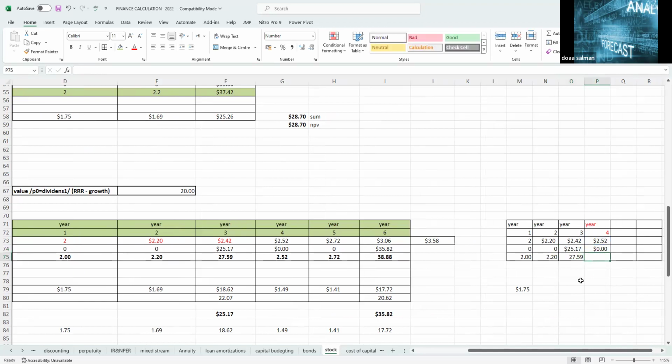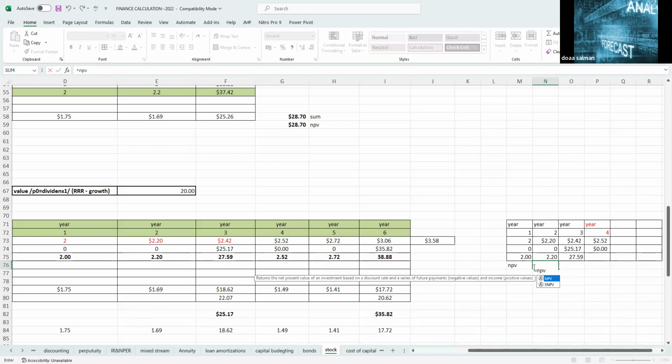So here I can find the total value. It is $2 for the first year, 2.2, 2.75, and I can get the final answer by saying NPV. So it will be equal NPV. I'm discounting it with 14%, and that's it.